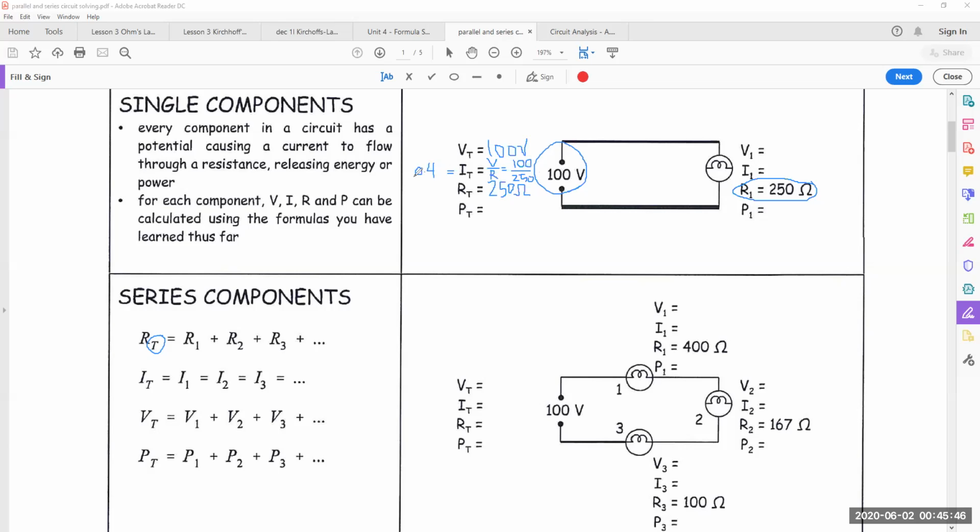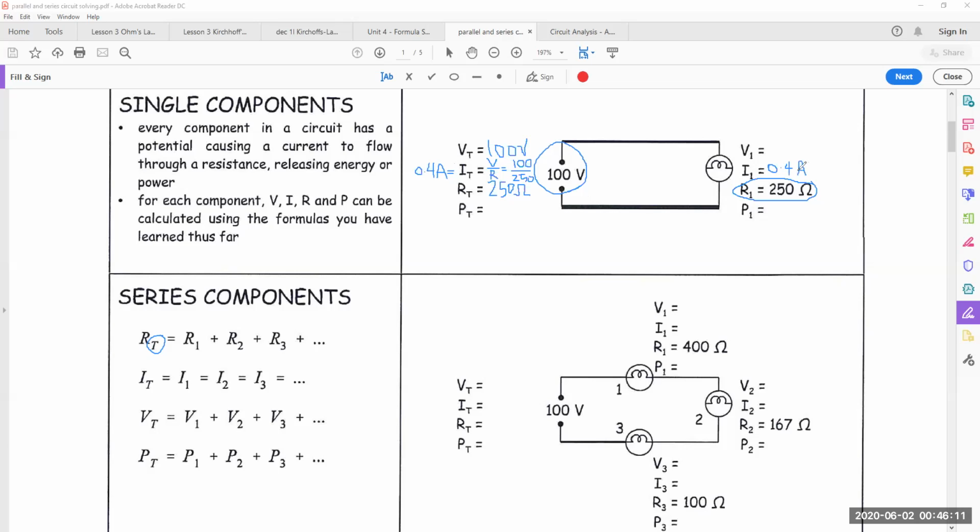So 100 divided by 250. So yes, 0.4 amps is the current of the source. That's the current that passes through here. But because it's a series circuit, you get the same current everywhere. So this becomes 0.4.